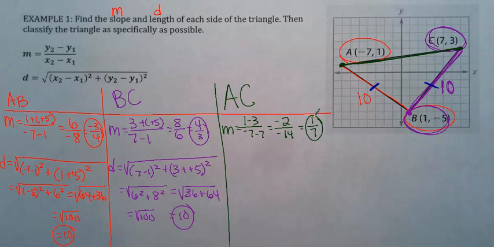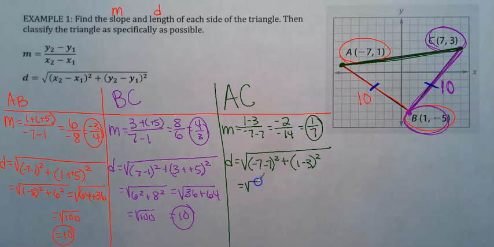Let's find the distance. So the length from A to C. What is that distance or that length? D equals the square root of x2 minus x1. So negative 7 minus 7 squared plus y2 minus y1. 1 minus 3 squared.